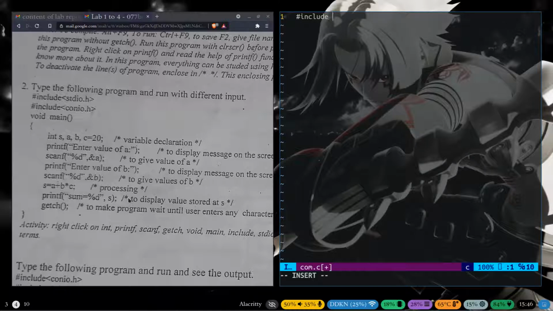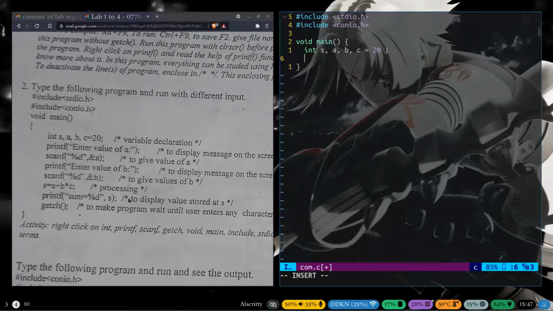Include stdio.h. Include conio.h. Void main. Void is just deprecated. It used to be used.